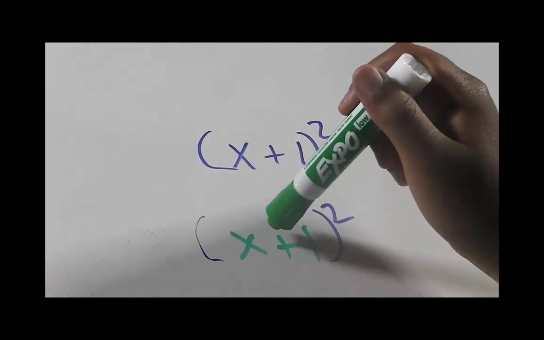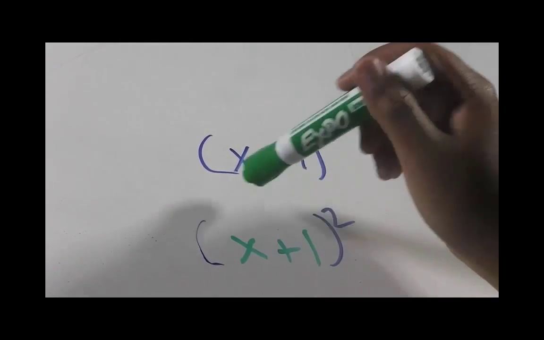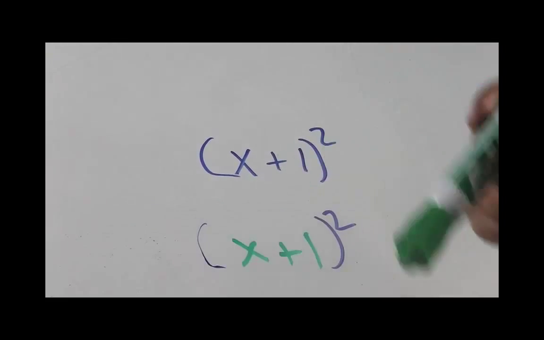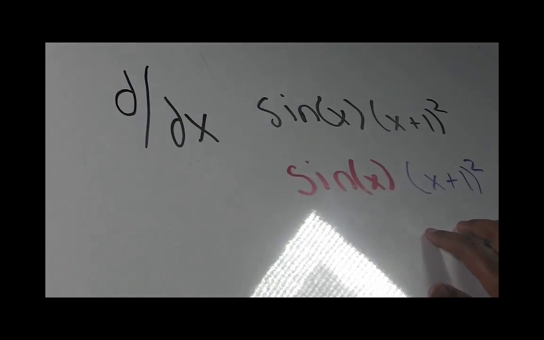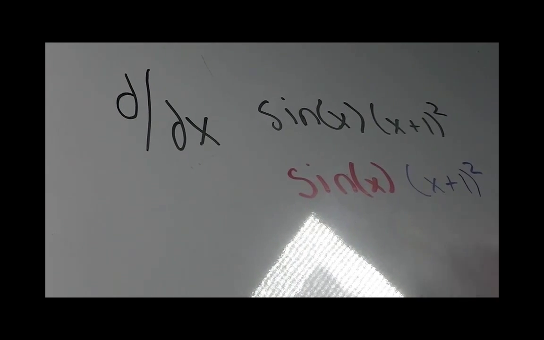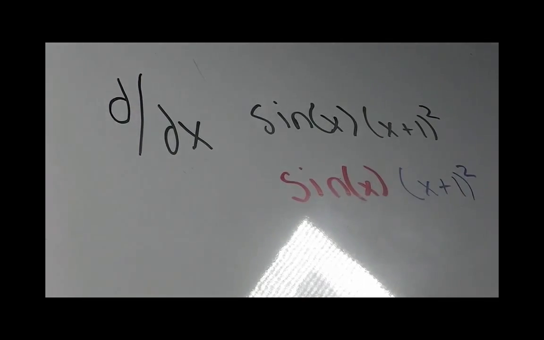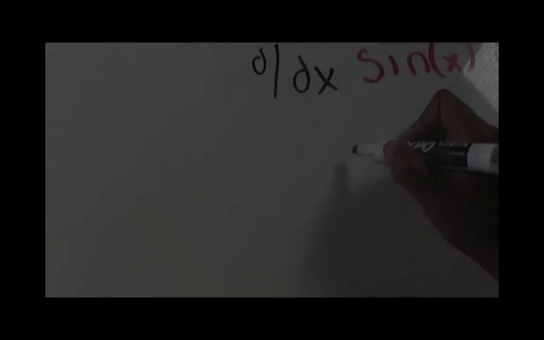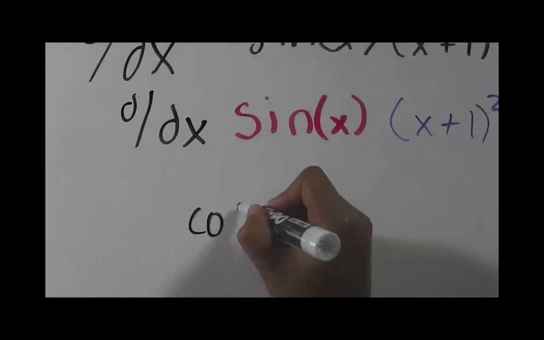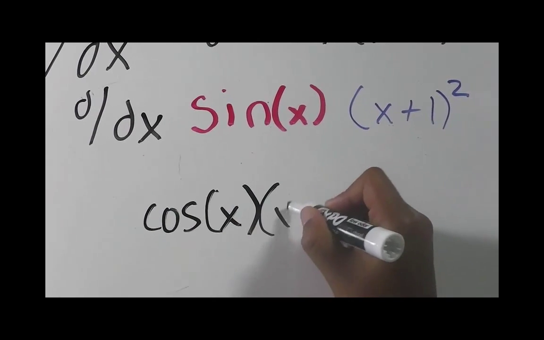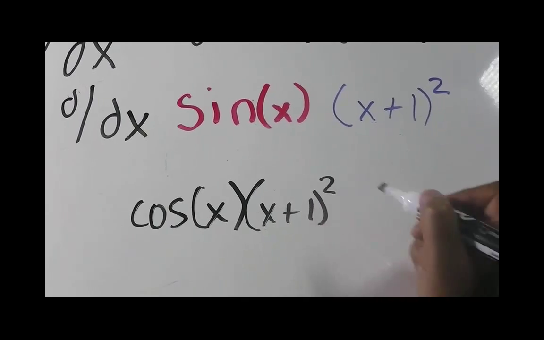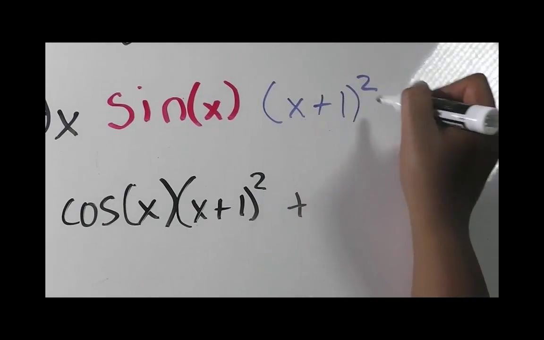Basically a function on the inside, x plus 1, and the function on the outside, which raises it to the power of 2. So first we treat this as a product because these are our two outermost functions. So we do the derivative of the first times the second, plus the derivative of the second.